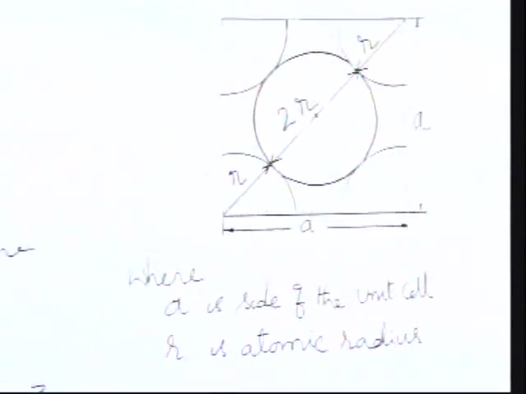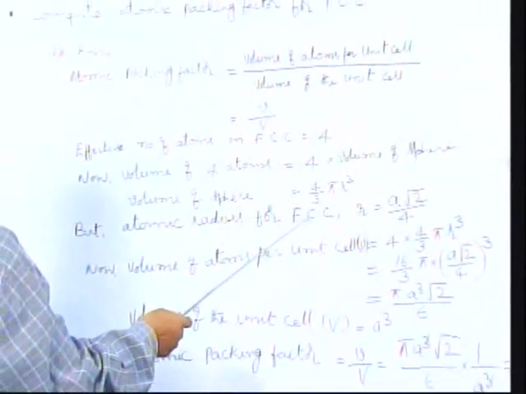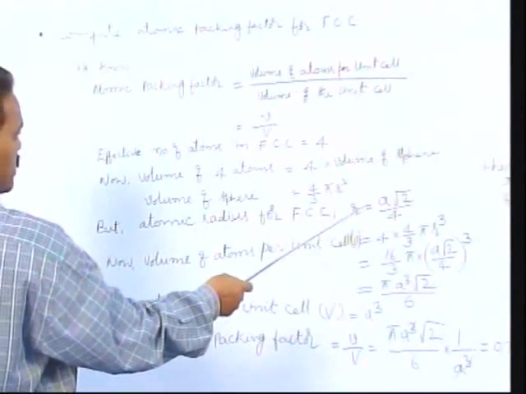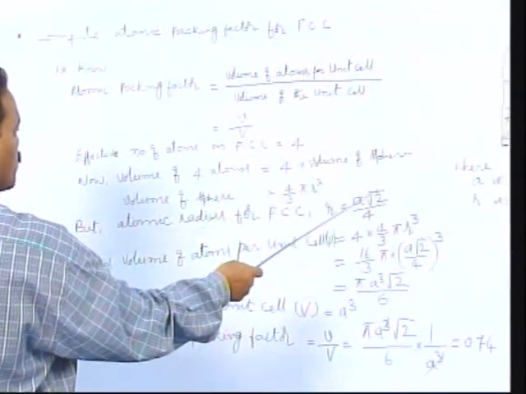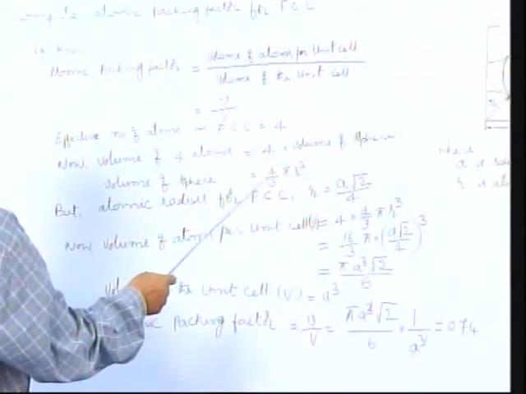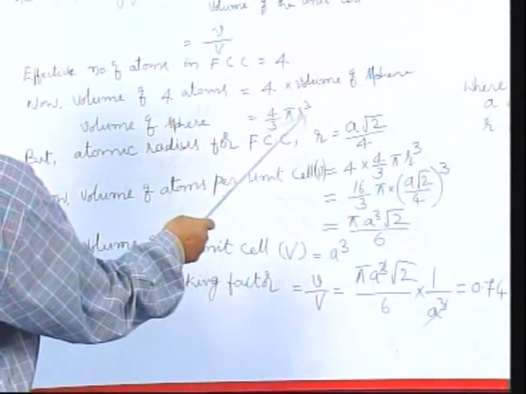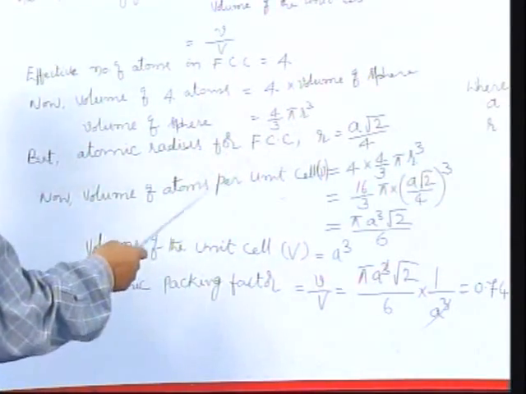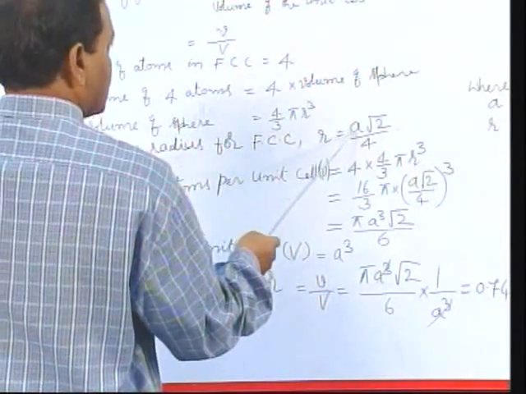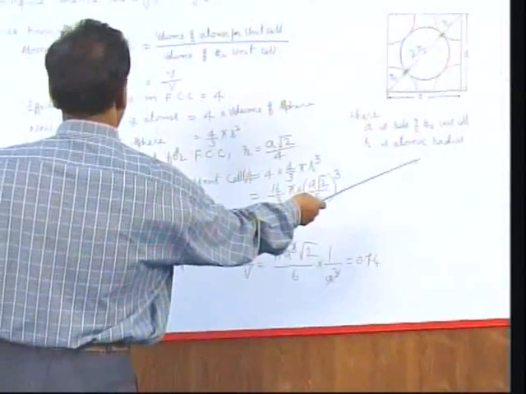Now the atomic radius for face centered cubic lattice is equal to a into root 2 by 4, but volume of sphere is 4 by 3 into pi into r cube. Here a is the side of the unit cell and r is atomic radius.